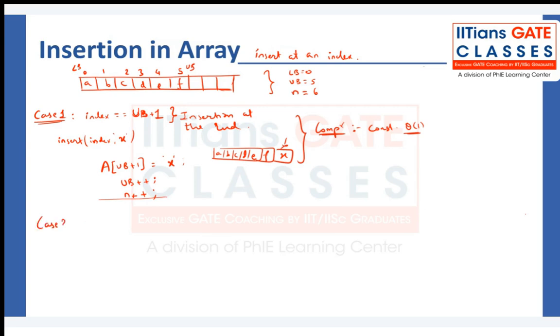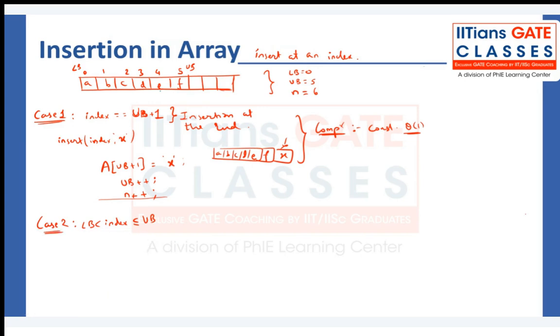Now, what would be your case 2? Case 2 would be, suppose your index is less than or equal to your upper bound or greater than your lower bound. I'll change my pen color and show it in the original diagram itself.